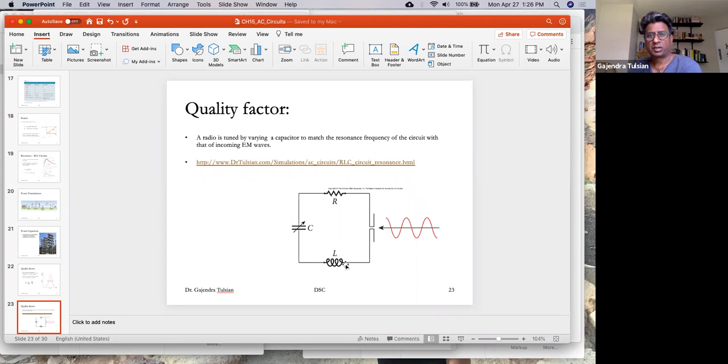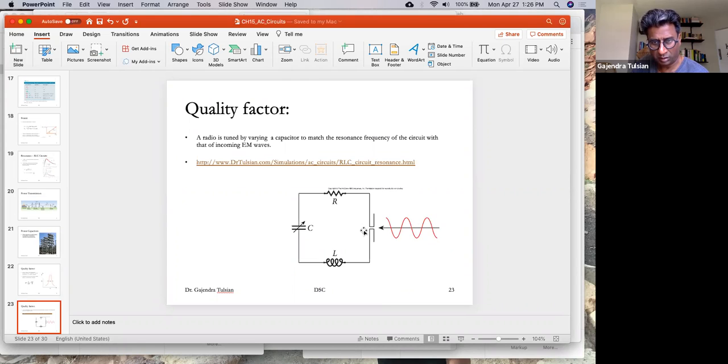All right, so here's a tuning circuit. Here are various electromagnetic signals, and the way your circuit catches a signal is that you tune your capacitor such that the frequency of this circuit matches the frequency you want to catch.